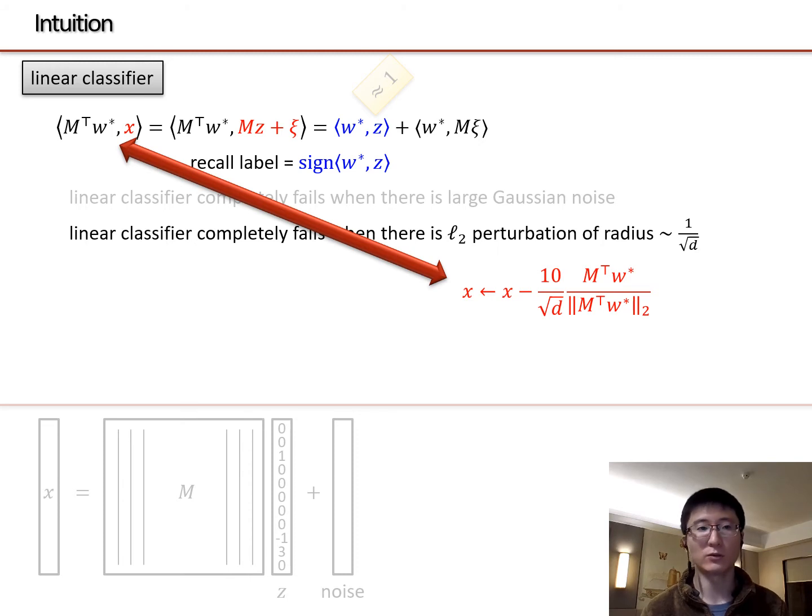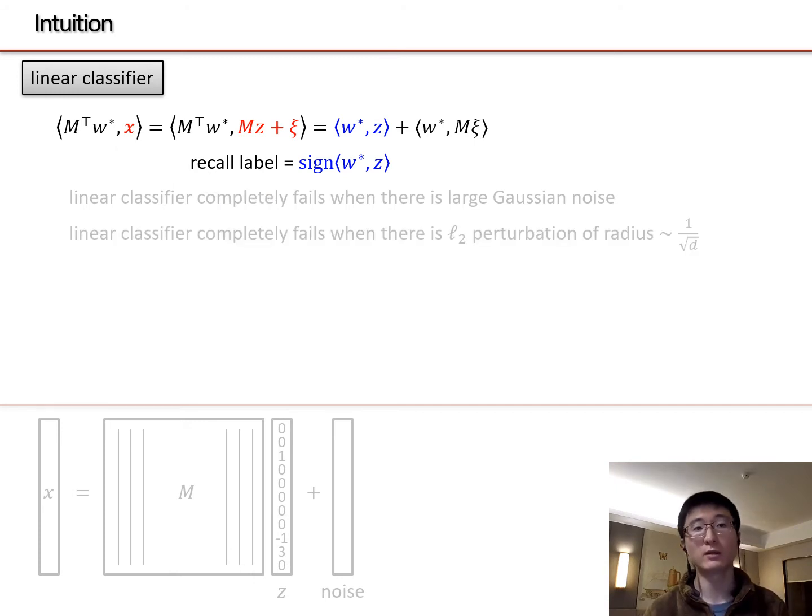And this is easy to see because if you perturb the input in that direction of the predictor, just by, for instance, -10/√d, then you can change the signal by a magnitude of 10, so that can also flip the sign of the main signal and so on. So therefore, linear classifiers for our data distribution is bad for 2 reasons, both against the Gaussian noise and against the L2 perturbations.